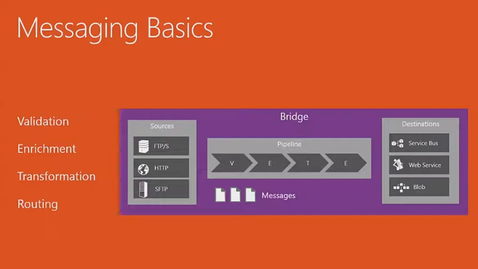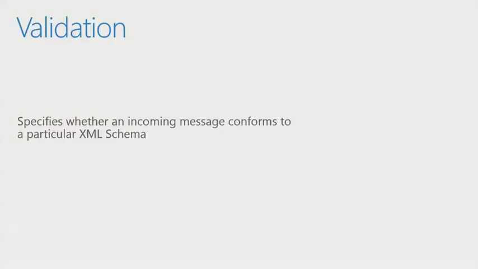By enrichment, you could supplement the incoming message with interesting data. You can transform the message, as I said, and you can route it to one of many destinations based on routing rules. So what is validation? Validation specifies whether an incoming message conforms to a specific XML schema. And we'll show an example of how you can do that.